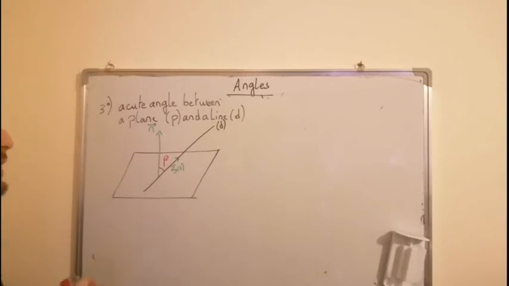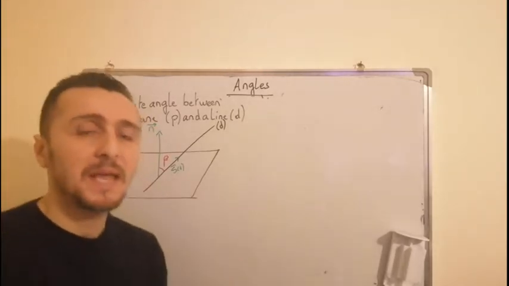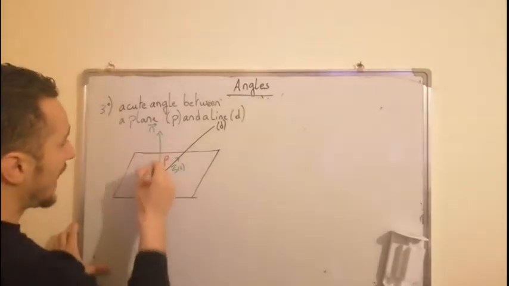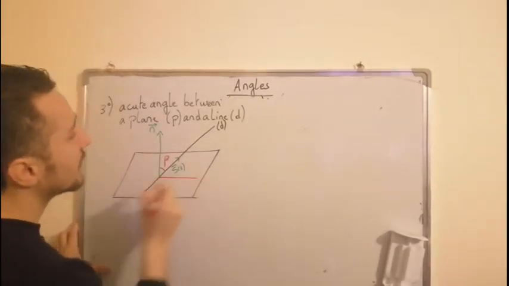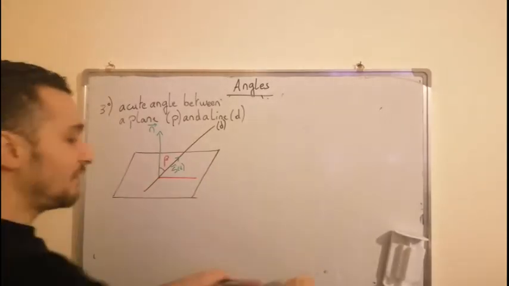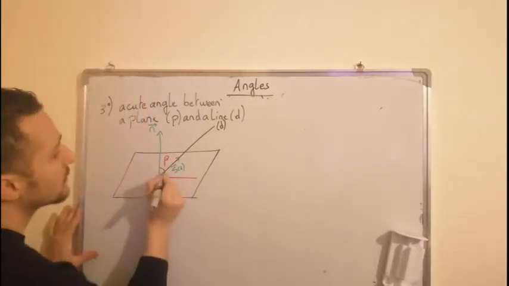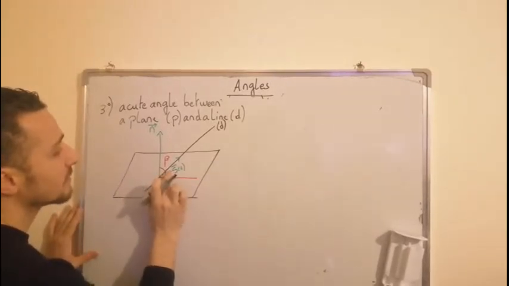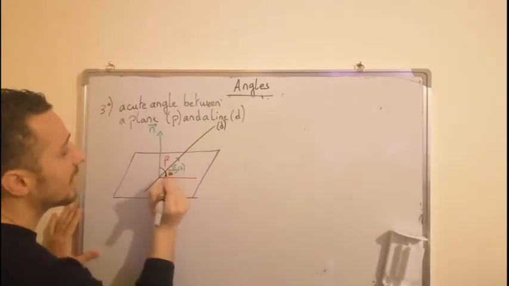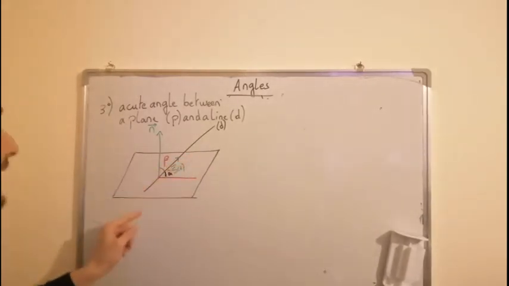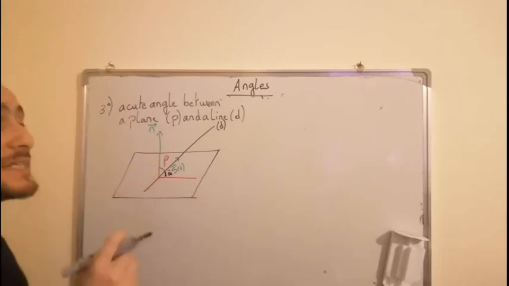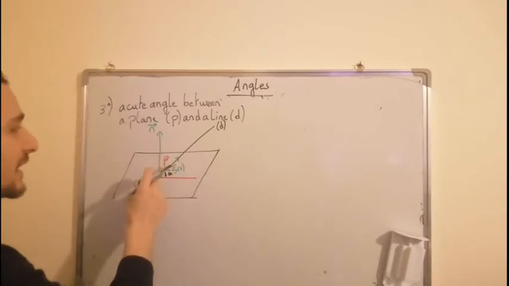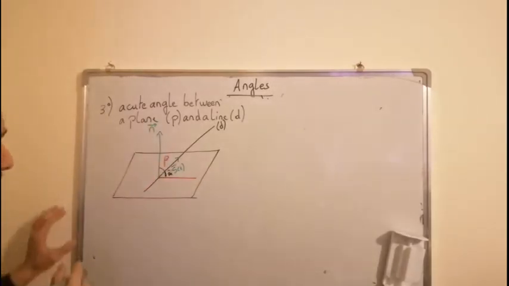We know that the normal vector to a plane is a vector perpendicular to this plane. So N is perpendicular to the plane. Alpha is the angle formed between the straight line D and the plane, and beta is the angle formed between the direction vector or the directing vector and the normal of the plane.